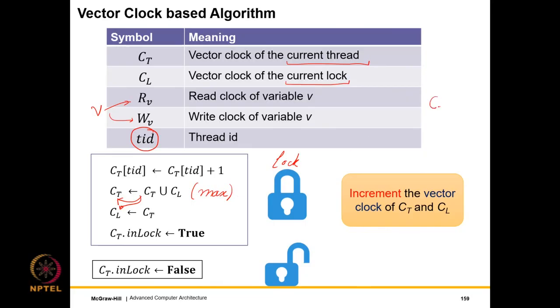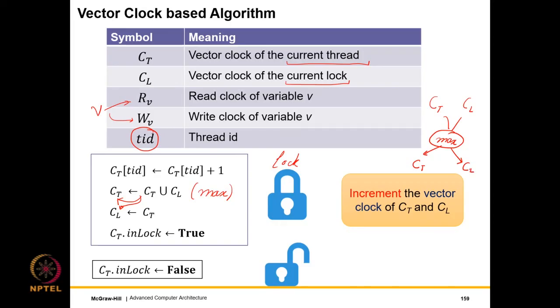In the sense that the current thread can have some clock, the lock can have some clock, we compute the max of both, which is nothing but the union operation that I've shown. Think of it as a modified union operation, and then finally the max operation is used to set the values of CT and CL.